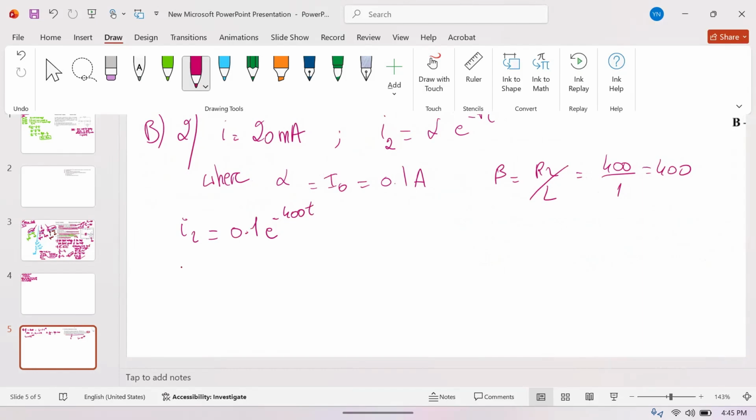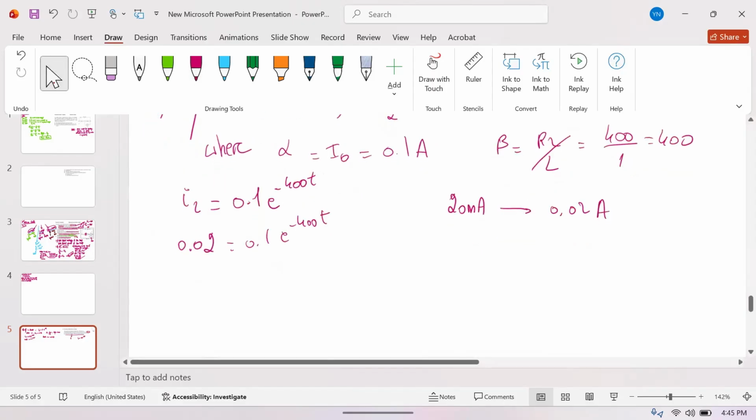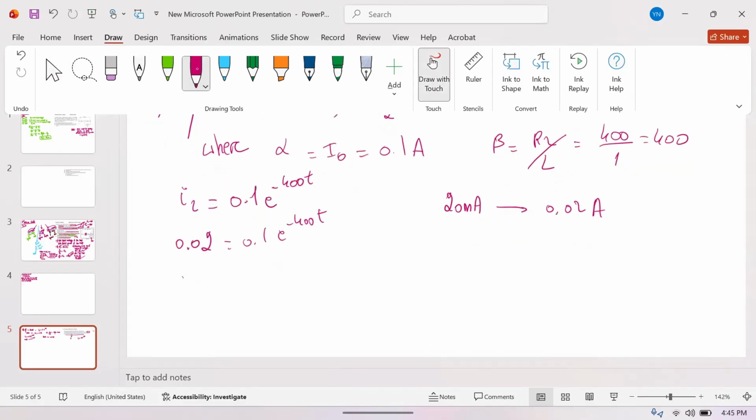Okay, and we have to replace I2 by 0.02. Why? Because 20 milliamperes is 0.02 ampere. Then we take all the numbers to the other side. We will get 0.02 over 0.1 equals e to the minus 400t.